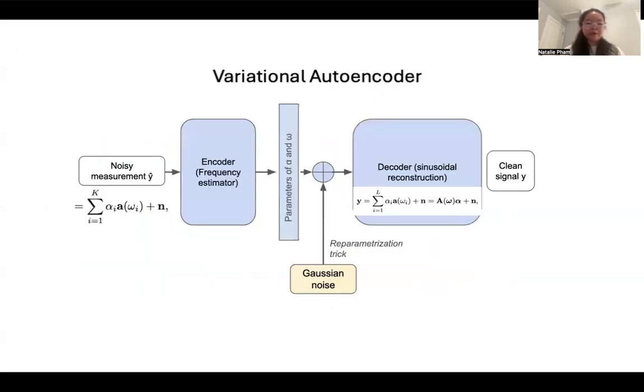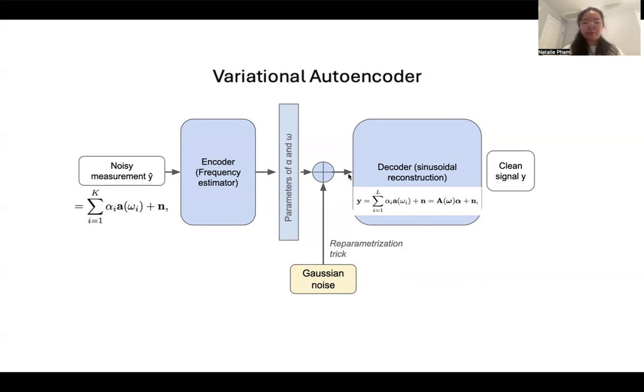In the next step of our research, we propose variational autoencoder architectures where we take in the noisy measurement and put it into an encoder, which is a frequency estimator, which could be the Fourier neural net architecture that we proposed in the previous slide, to learn the parameters of the coefficient alpha and the frequency omega_i. We use a reparametrization trick, which is common for learning variational autoencoders, to learn the distribution of alpha and omega.